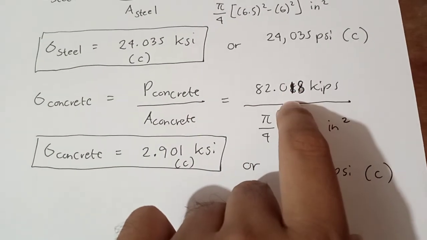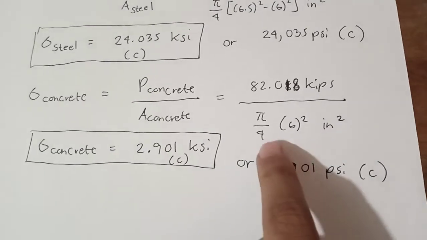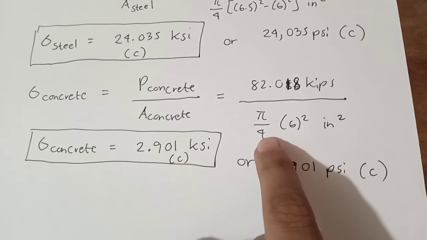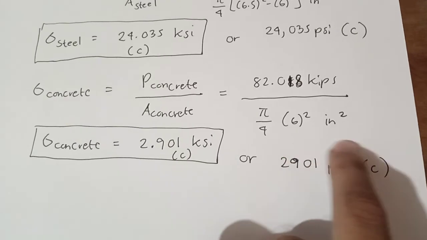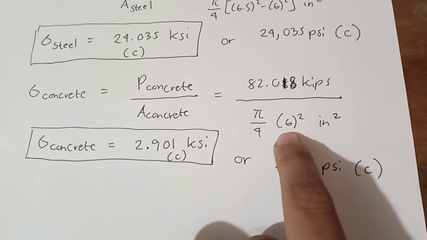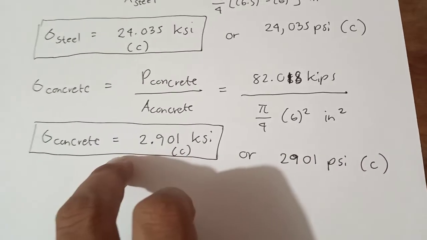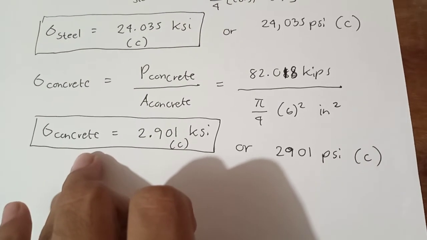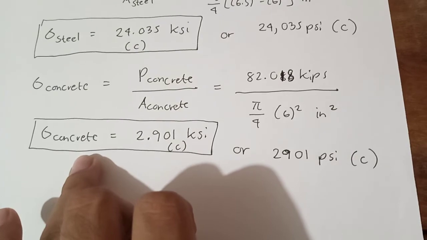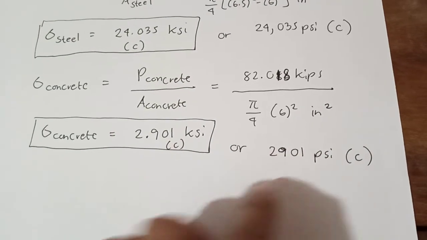We computed the P concrete as 82.018, so you divide it by the area, which is pi over 4 times 6 squared, since it is a circle, in inch squared. 6 is the diameter of the concrete encased inside the steel tube. So the stress in concrete is 2.901 KSI or 2,901 PSI.